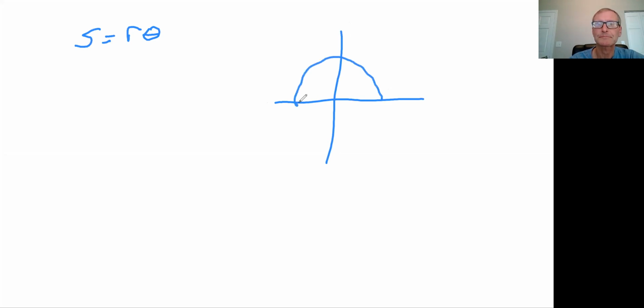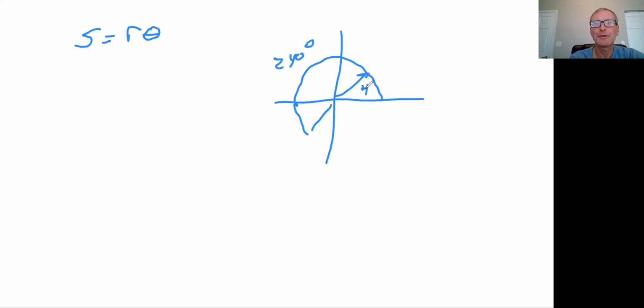we had the equation S equals R times theta. And basically, just to redraw this circle here a little bit, this was 240 degrees, and the radius here was 4.